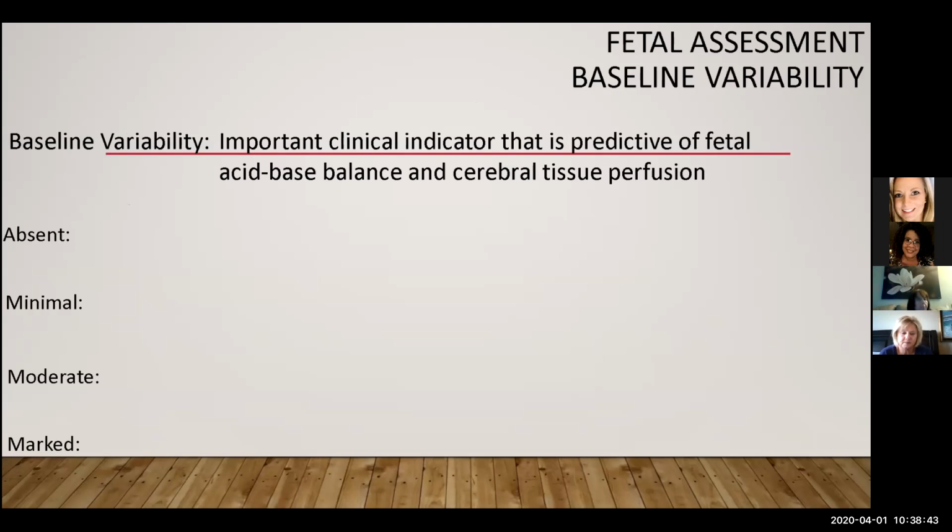Baseline variability is important. It's a clinical indicator that is predictive of fetal acid-base balance and cerebral tissue perfusion. Baseline variability is defined as irregular fluctuations in the baseline fetal heart rate. It's measured as the amplitude of the peak to the trough in beats per minute.